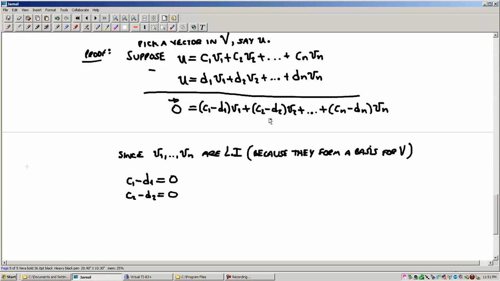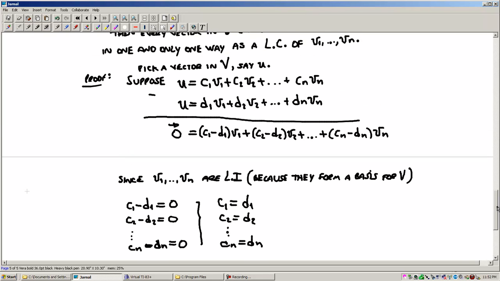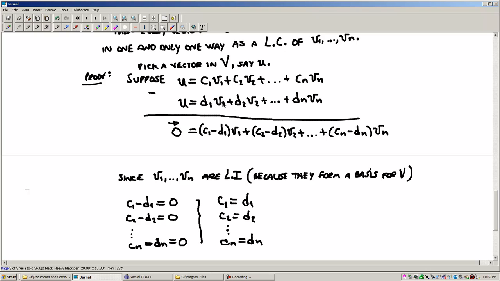This is one coefficient. Here's the other coefficient, C2 minus D2. So they're all 0. And therefore, it means C1 equals D1, C2 equals D2, and Cn equals Dn. So what we showed is that if I have another representation, those Di's had better be equal to the Ci's. And that's what we see here, okay?